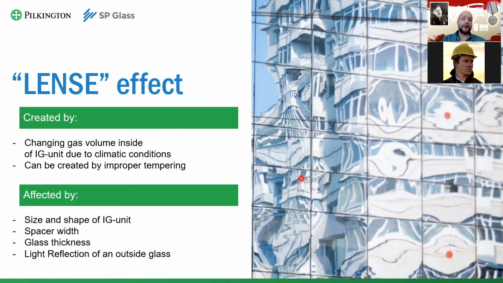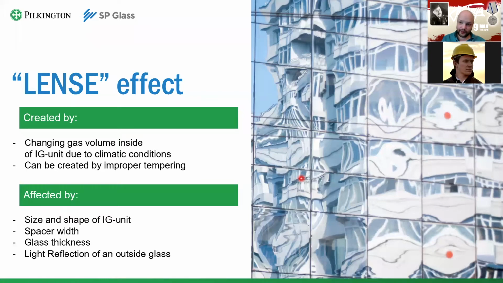But in order to measure this bending, you have to uninstall the IG unit, put it into controlled climatic conditions for at least 4 hours, put it vertically, and only then may you measure the glass bending. That means taking the glass out of those climatic conditions where you saw the lens, and that requires quite some work.